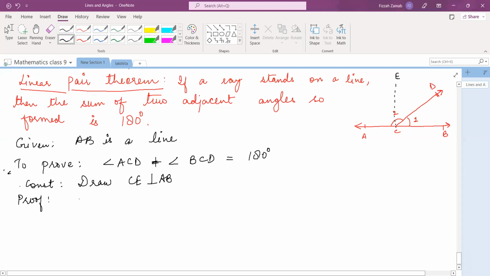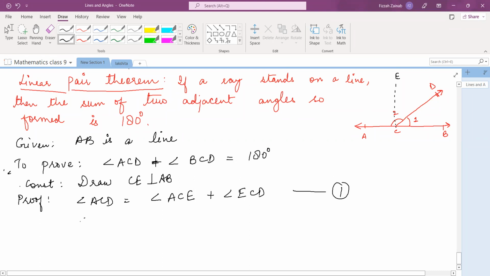I want to write angle ACD. Look in the figure, all of you, ACD. I can break it into two parts: angle ACE plus angle ECD. Any problem? Okay, so I have broken it into two parts.